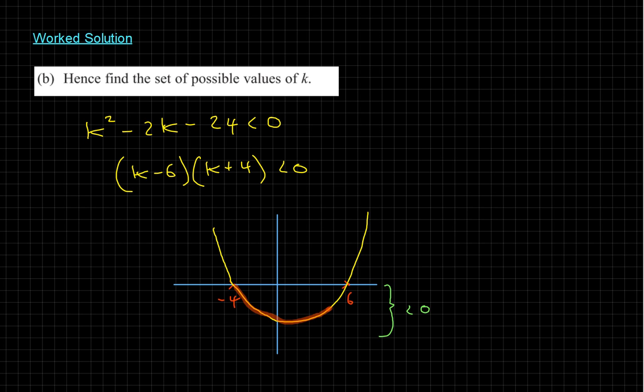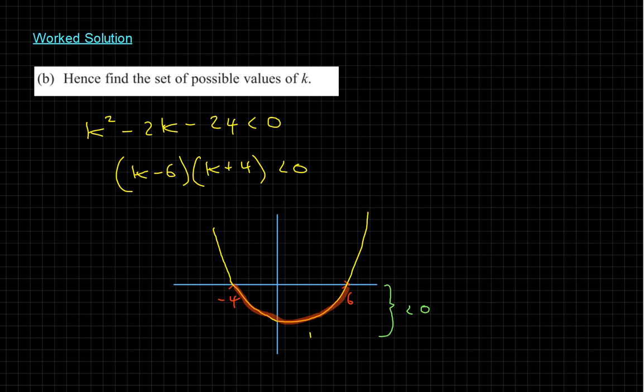This is the range of points for which the output of the graph has a y coordinate of less than 0. So what k value does that correspond to? Anything between -4 and 6, right?